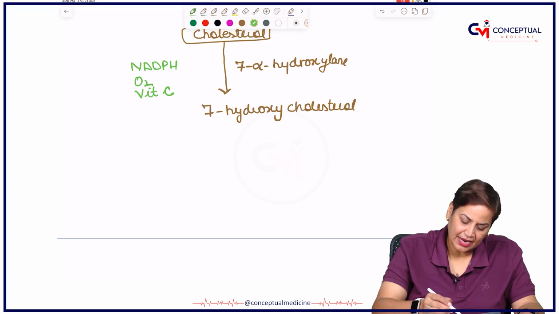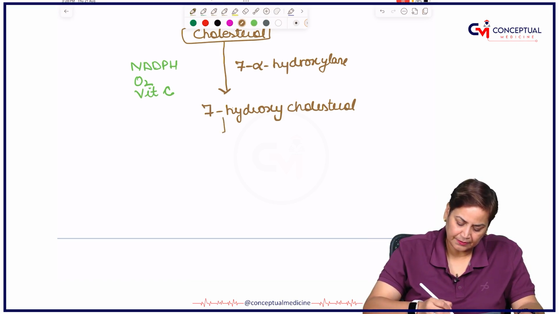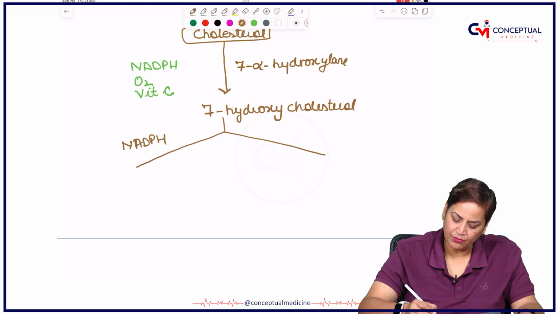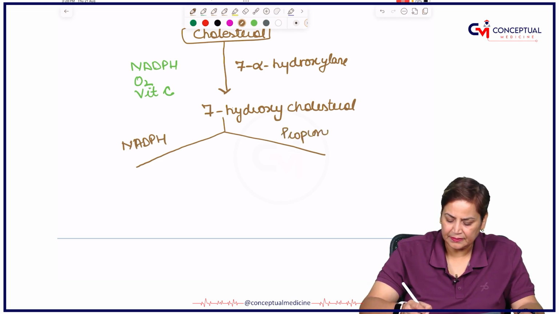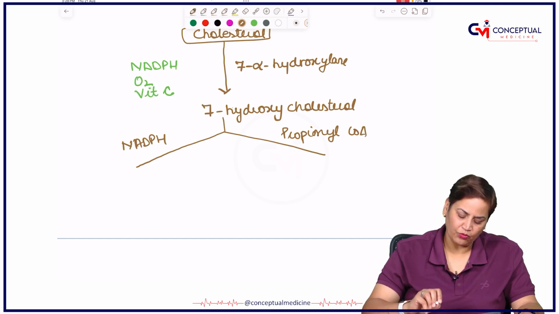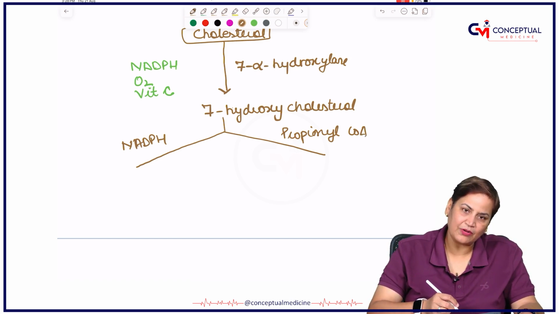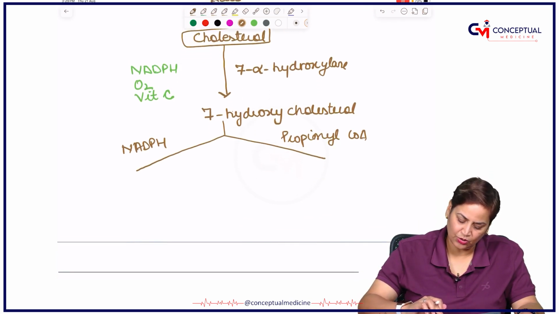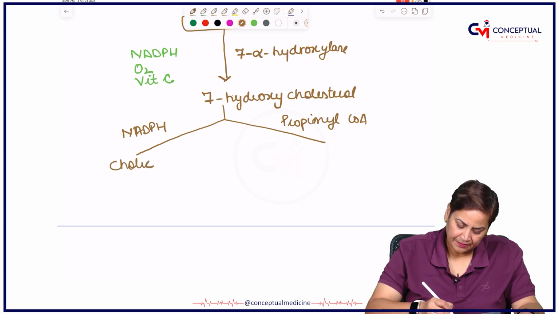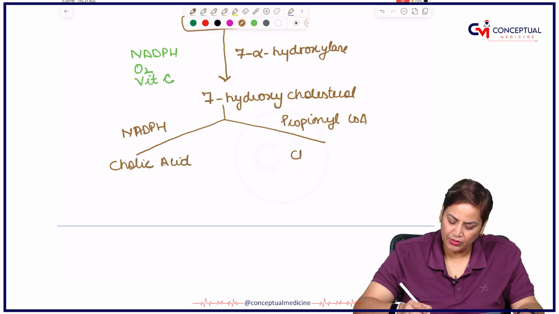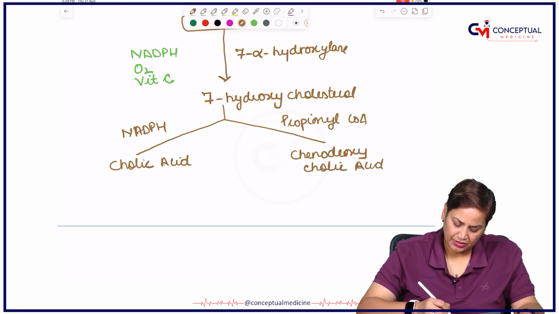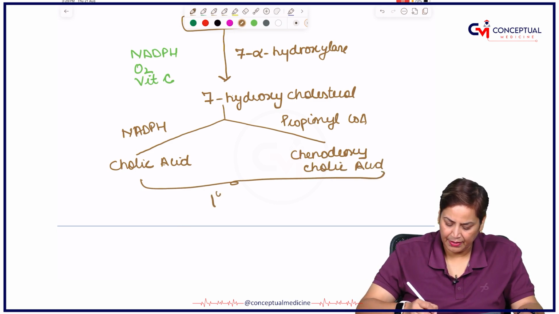Now once 7-hydroxycholesterol is produced, in the presence of NADPH and propionyl coenzyme A it is going to form the primary bile acids. And the primary bile acids, as I already mentioned, are cholic acid and chenodeoxycholic acid. So these are the primary bile acids.